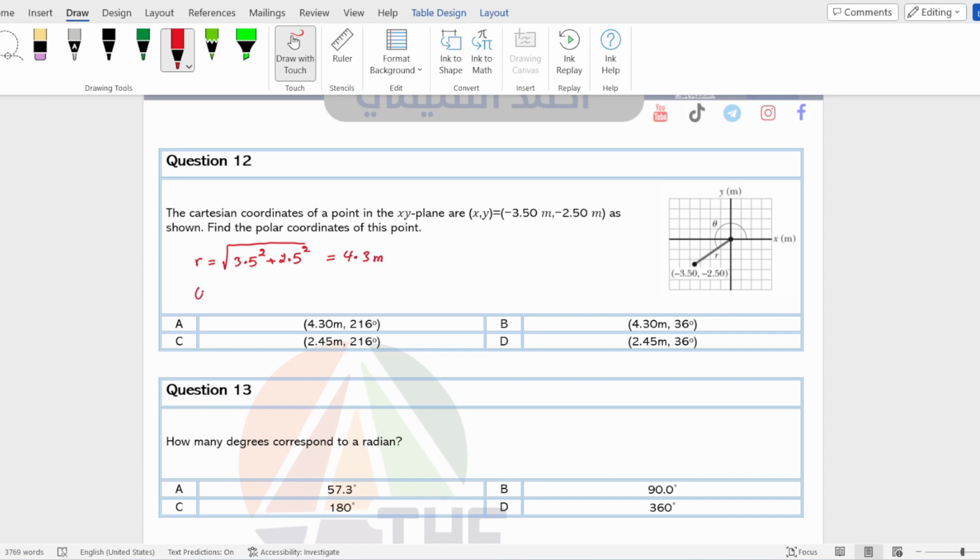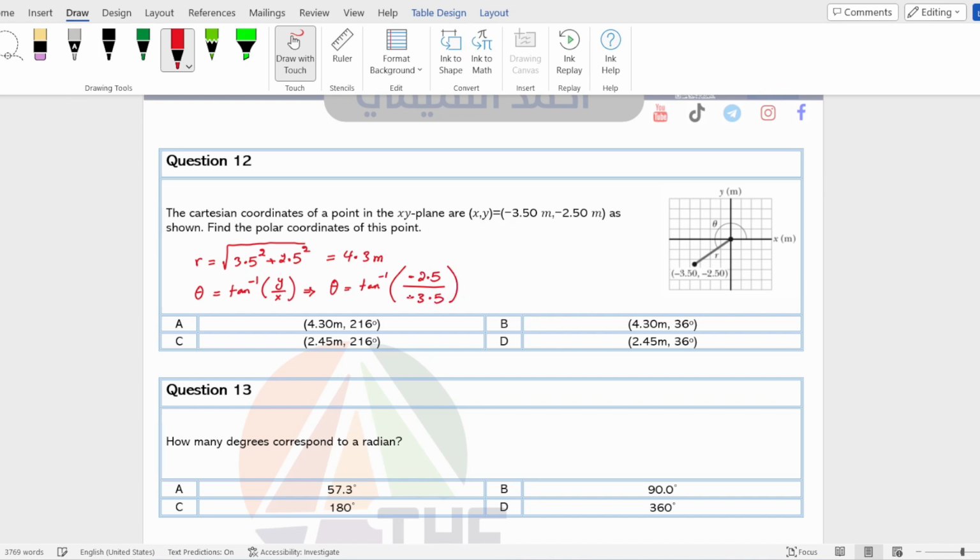Now how to find theta? Here's the trick. Theta is equal to tan inverse of y over x. Let's substitute together. Theta is equal to tan inverse of, where y is given as -2.5 and x is -3.5.